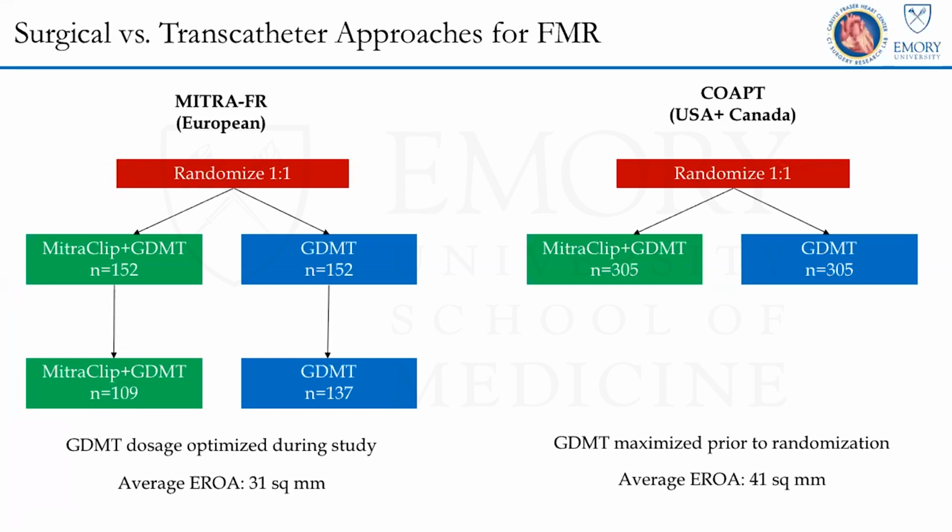And the patients were followed to 2 years. In the European trial, the difference was that guideline-directed medical therapy was continually optimized during the trial period, whereas in the COAPT trial, there was a committee that was adjudicating whether medical therapy was optimized prior to randomization into this trial.